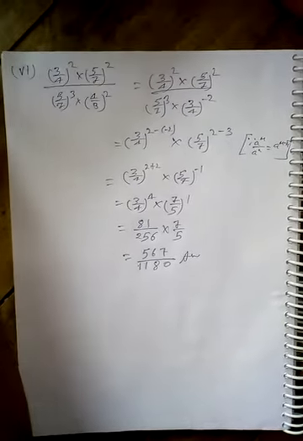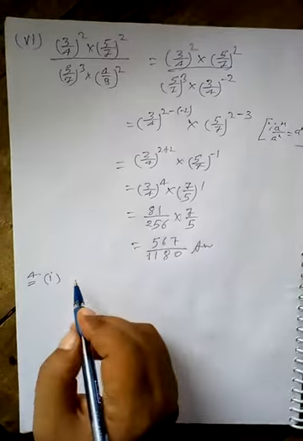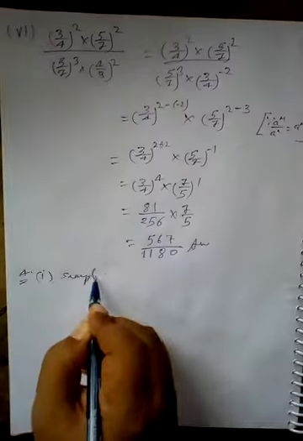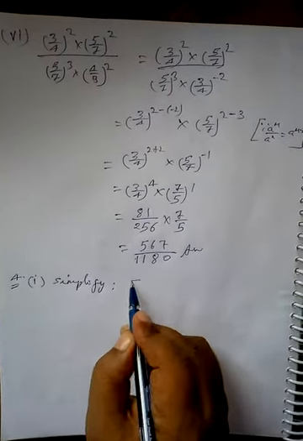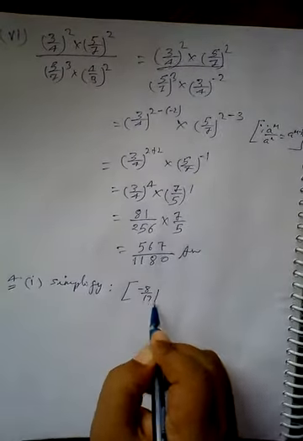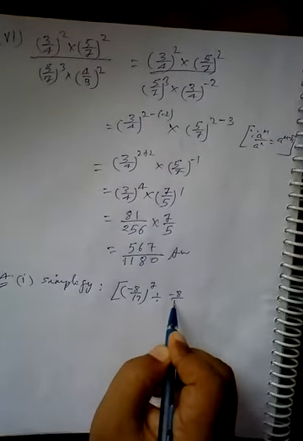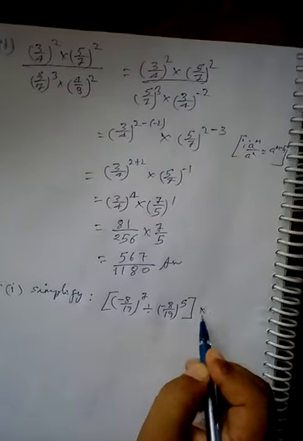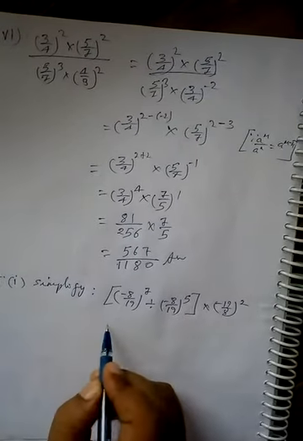Now let's do question number 4. Simplify: (minus 8 by 19) raised to the power 7 divided by (minus 8 by 19) raised to the power 5, bracket close, into (minus 19 by 8) whole raised to the power 2.